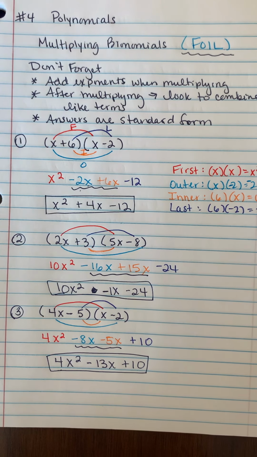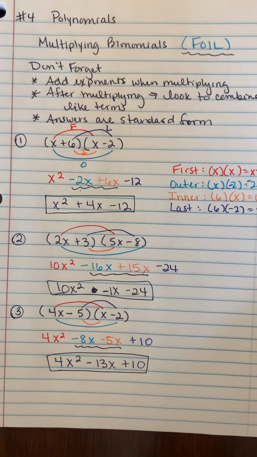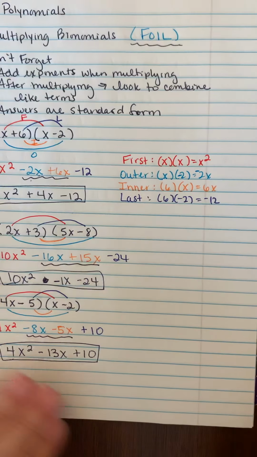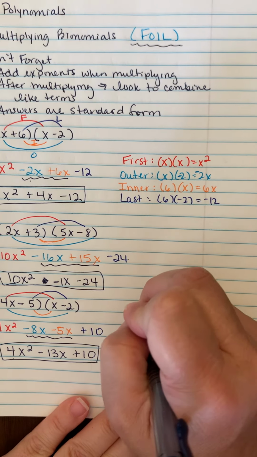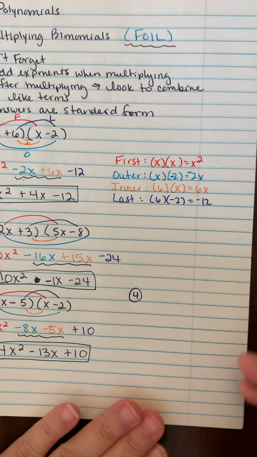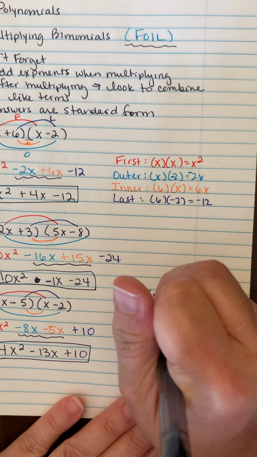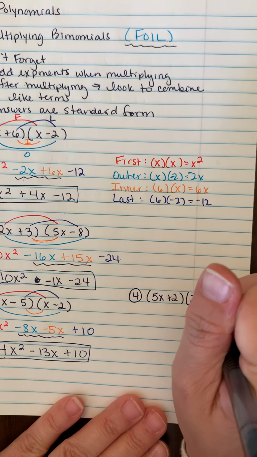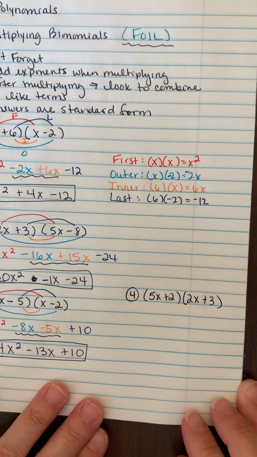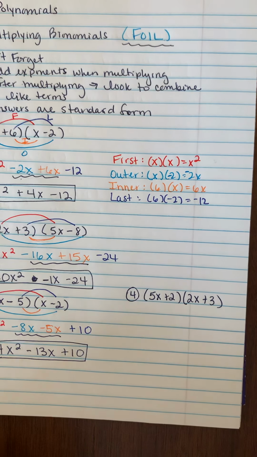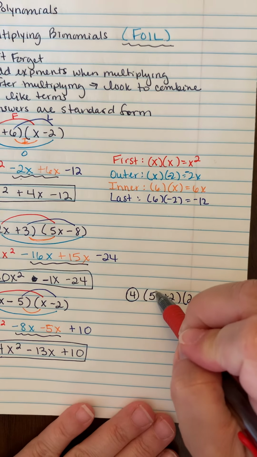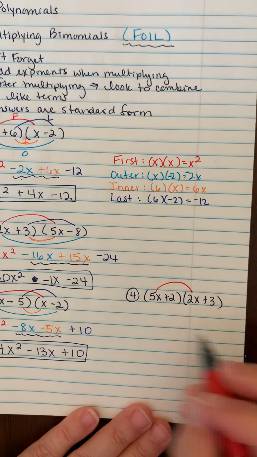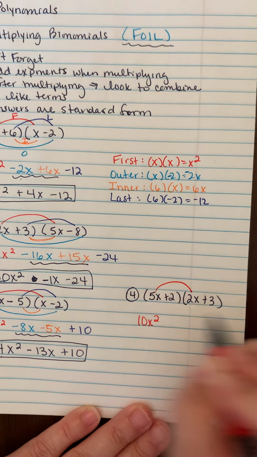All right. So let's try one more example. And I'm going to squeeze it in over here. So let's do 5x plus 2 and 2x plus 3. Okay. Take the first terms, 5x times 2x, 10x squared.